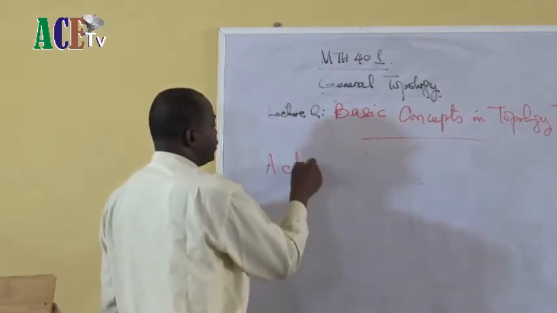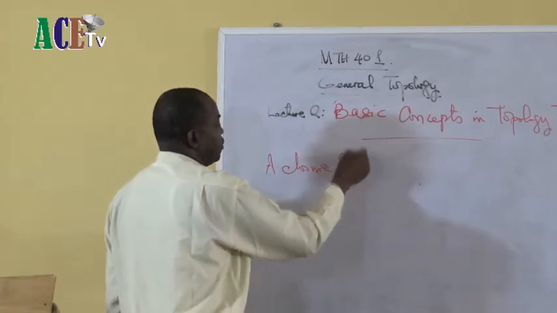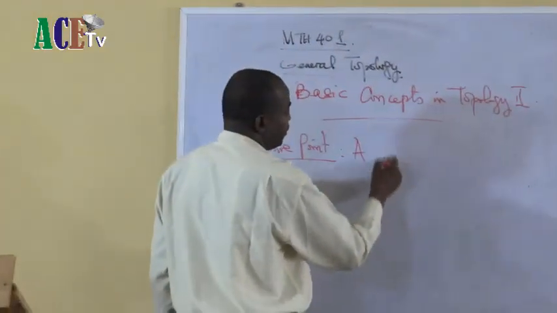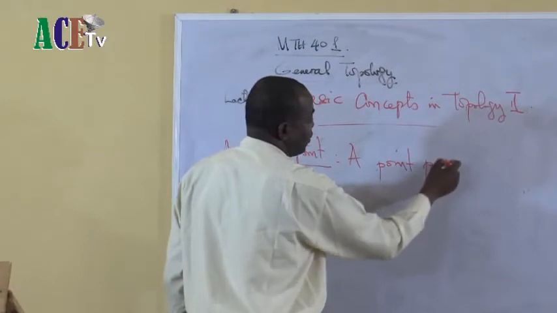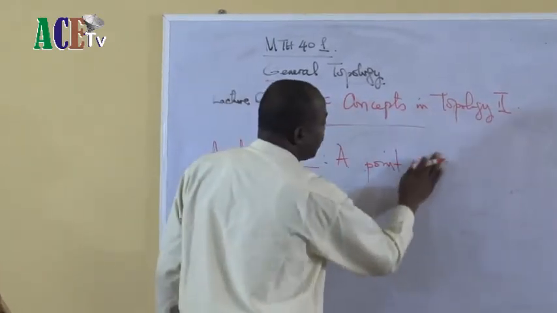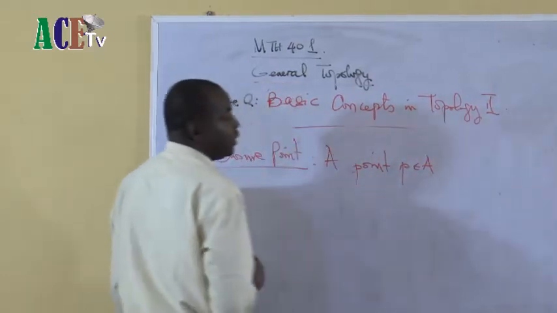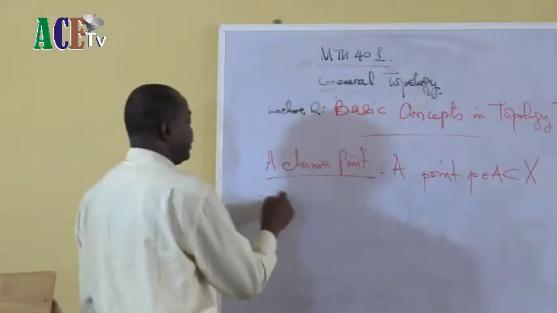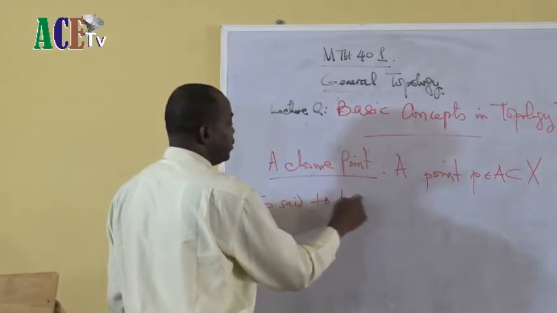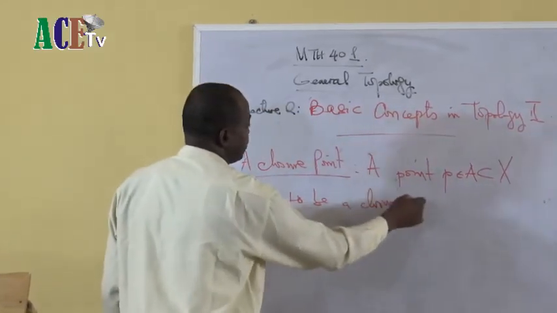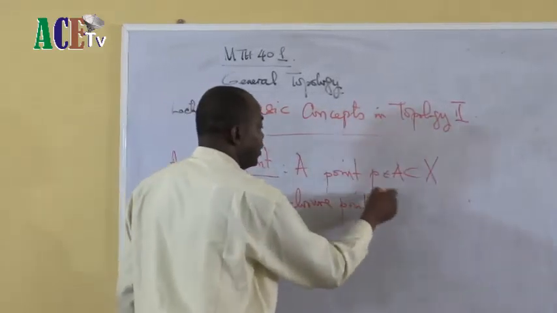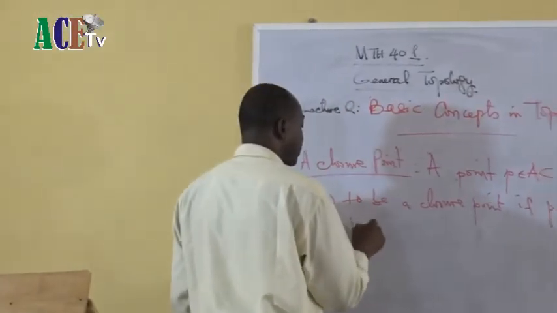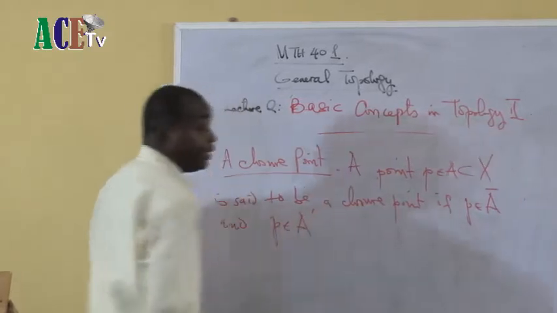A closure point: you say a point P, this P belongs to A, and A, of course, is a subset of X, is said to be a closure point if P belongs to the closure of A and P belongs to the derived set of A.